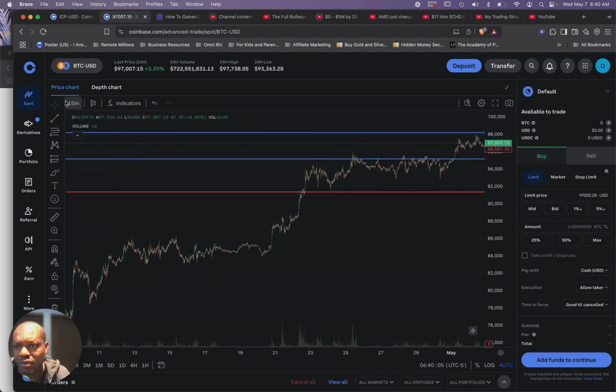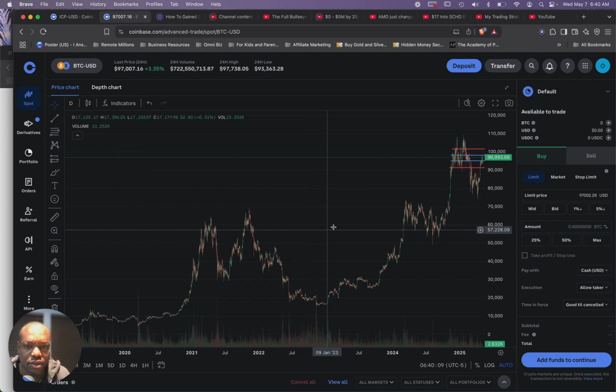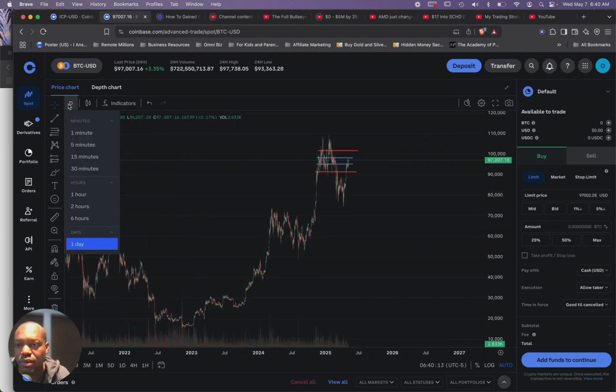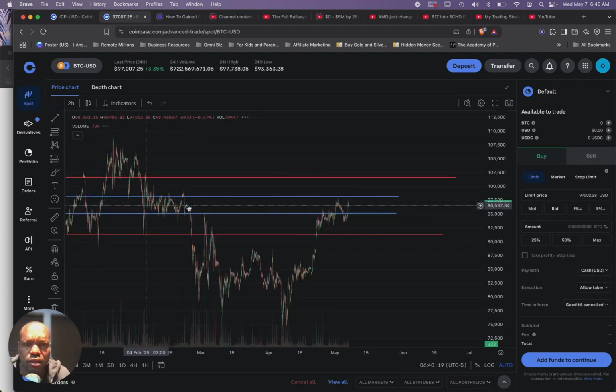I can't remember which chart I was looking at, but what's cool is if you can see when I put these in, look how it remained, or it went down.